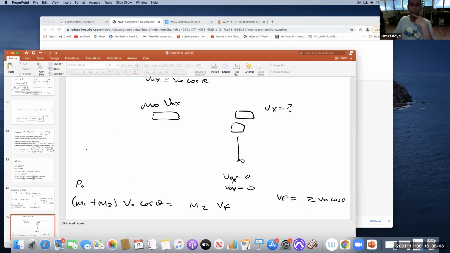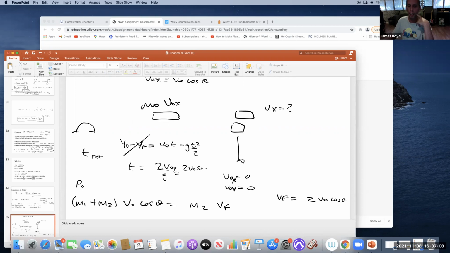So what I could do is find the total time, because y initial minus y final is equal to v naught t minus g t squared over 2. Remember, if y initial and y final are the same, that's 0. That means t is equal to 2 times v naught over g, but this is v naught of y. 2 v naught sine theta over g is our time. And x final is v of x times t.